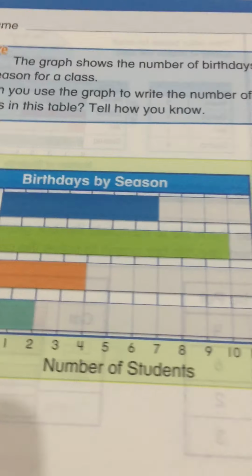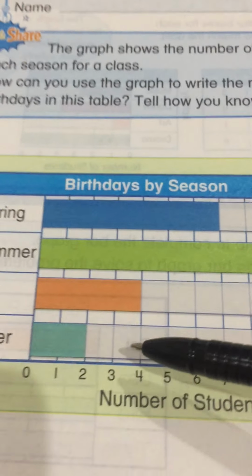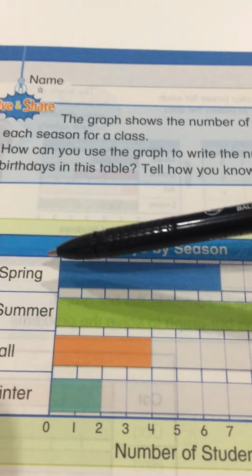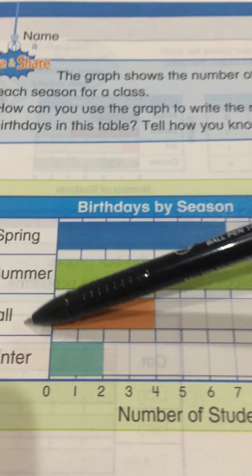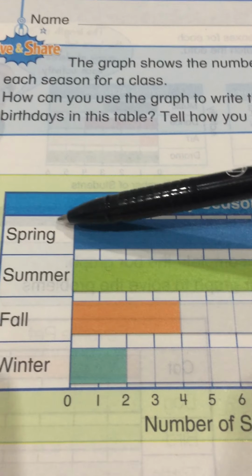Without the table, this will be very hard. You can put your information in a table like this, and then you use this information to draw the bar. The bar always has the stuff you are talking about, the information you're talking about, on this side.